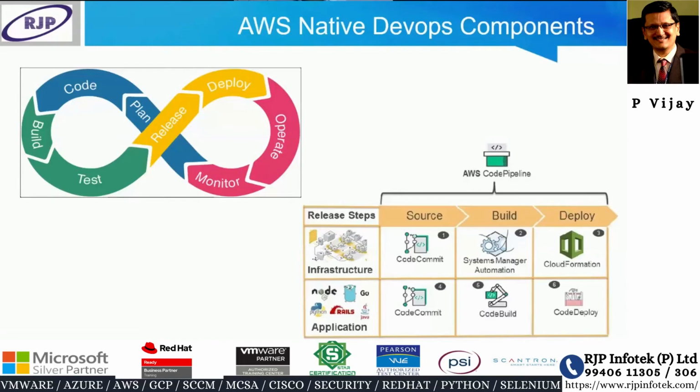Similarly, those of you who have heard of Docker containers, those are also built into the cloud. Microservices. So you can have, let's say, 10 programmers developing a software application. Today, they don't develop a monolithic application if it is huge. Each of them develops one small component.